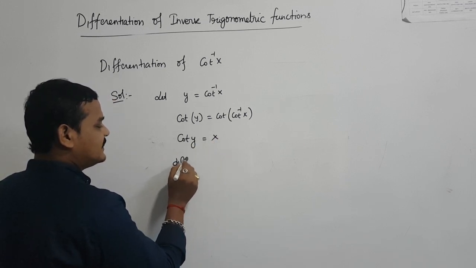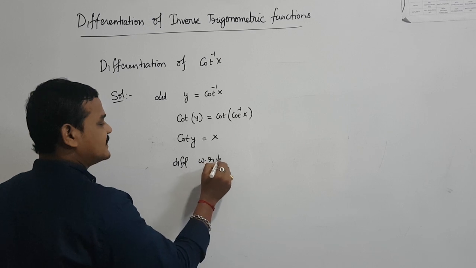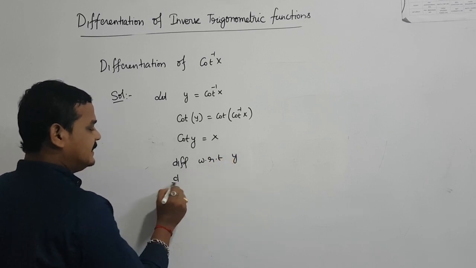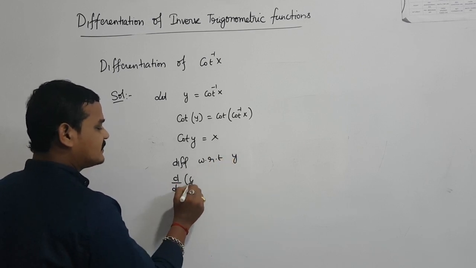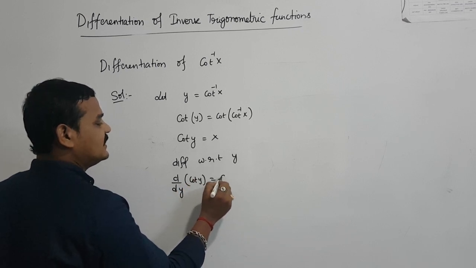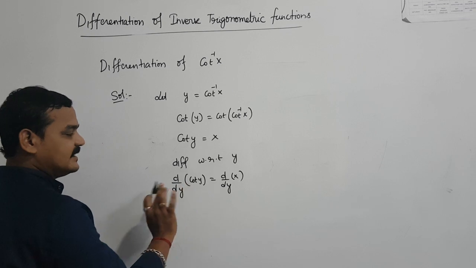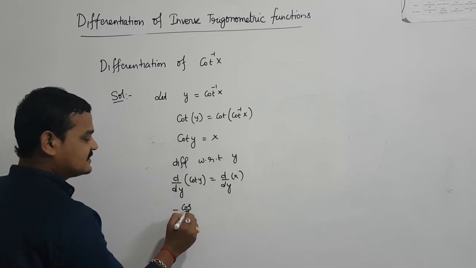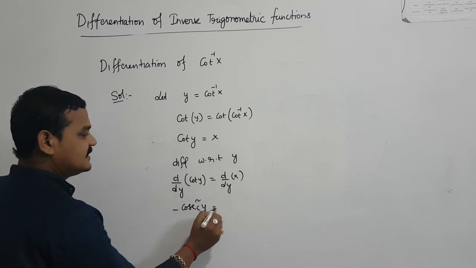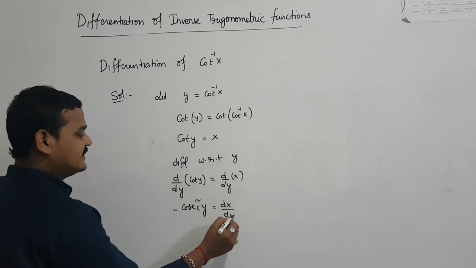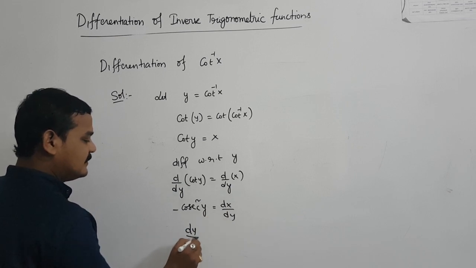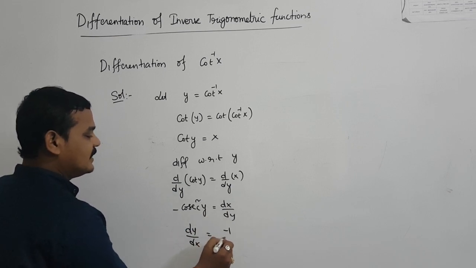So now differentiate with respect to y. d by dy of cot y is equal to d by dy of x. So the derivative is minus cosec square y is equal to dx by dy. So now dy by dx is equal to minus 1 by cosec square y.